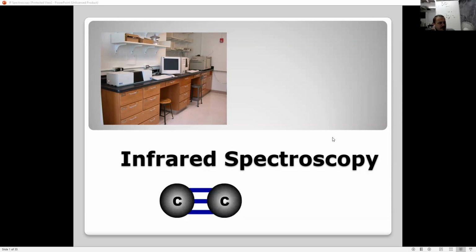When we excite the bonds with a certain wavelength of light, they will stretch and they will wobble along the bonds. We can then measure this and determine what is there.